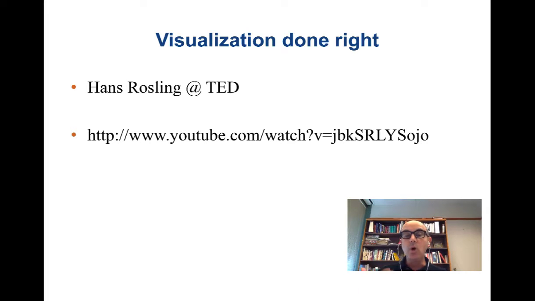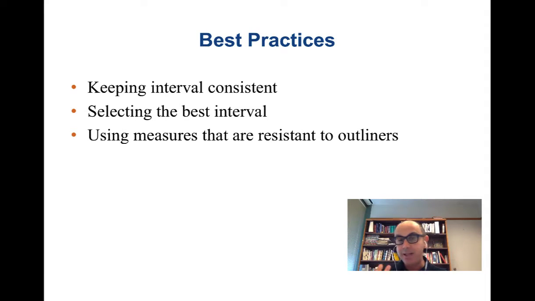I want you to look at the visualization aspect. This is important to me because Hans Rosling died this year, and one of the things that he talked about very, very passionately was visualization. How can you make your visualization more transparent to other people?